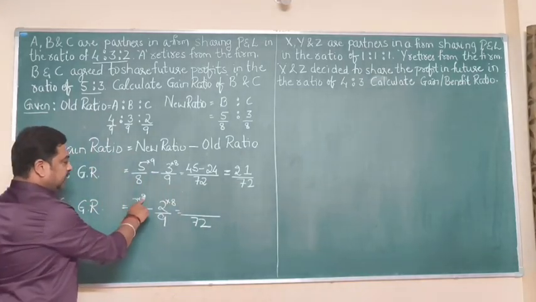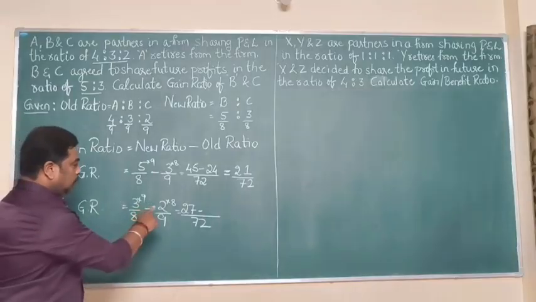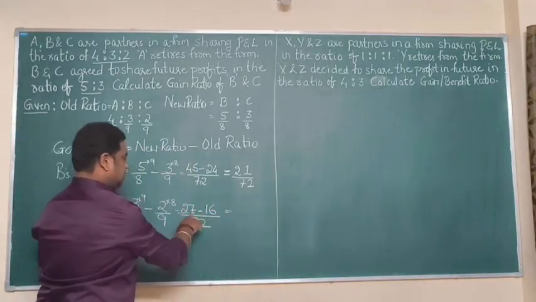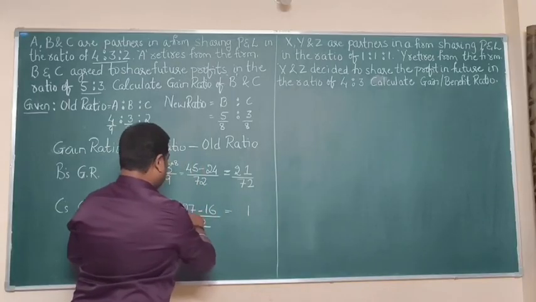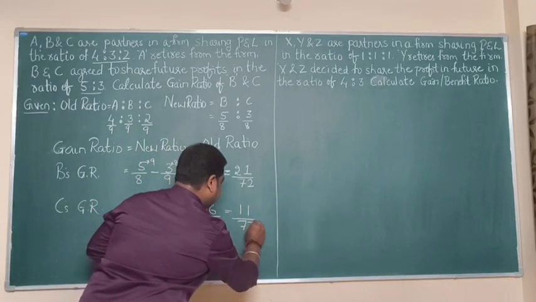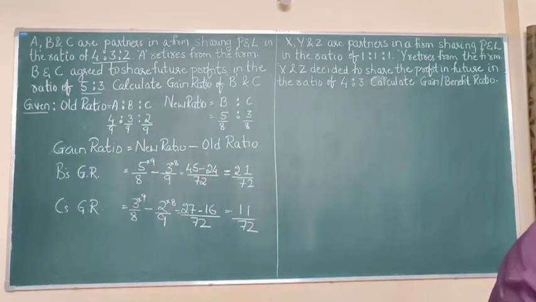Now multiply this. 3 9s are 27 minus 2 8s are 16. So 27 minus 16. 7 minus 6 is 1, 2 minus 1 is 1. It is 11 by 72.